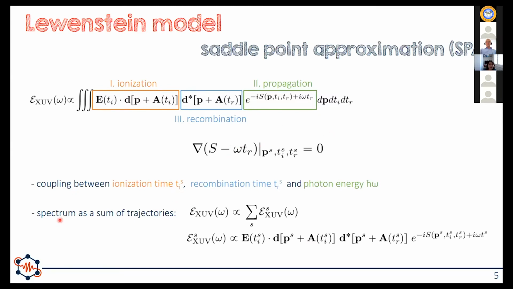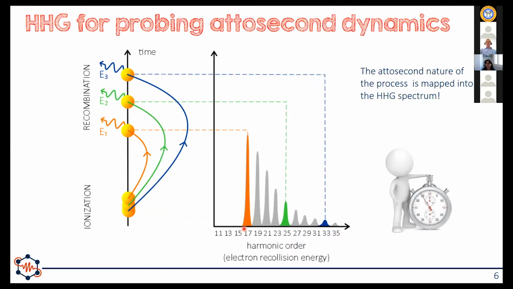And so we can write the spectrum as a sum of trajectories. And this is very nice because it's really related to the very simple three-step model. And it can give insight into a lot of experiments done in harmonic spectroscopy.